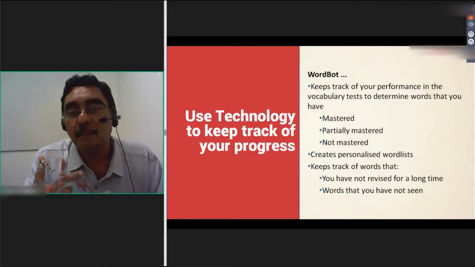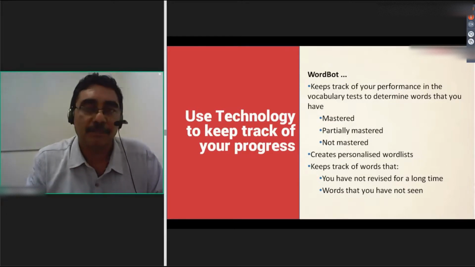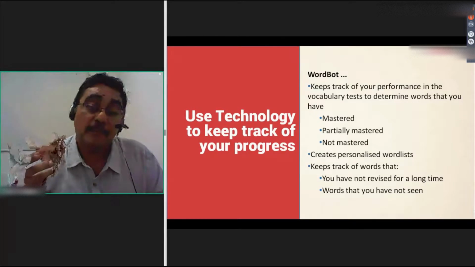That is based on how many attempts you take to answer the question, and it finds out words which you have not mastered. Then eventually it keeps track and starts giving you personalized word lists, focusing on words which you have mastered less. It also picks out words which you have not revised for a long time.